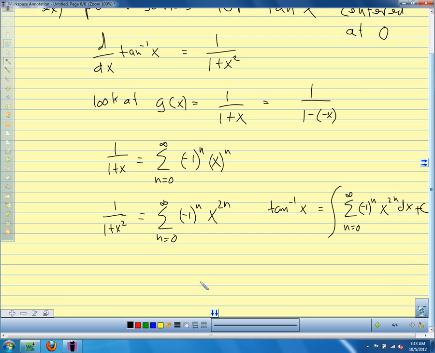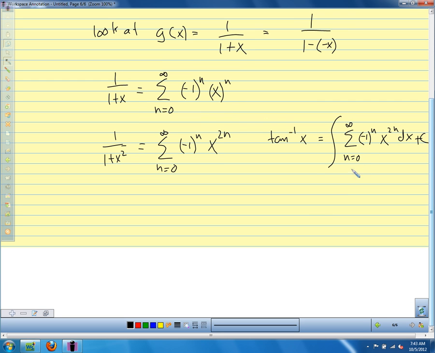So we take this, we perform this integration, and I get that the inverse tangent of x is the sum, n equals 0 to infinity, of minus 1 to the n, x to the 2n plus 1 over 2n plus 1, plus our constant.